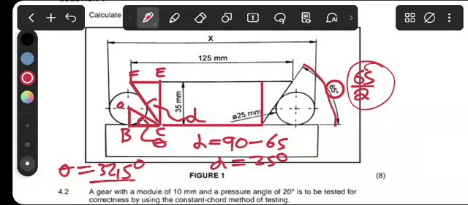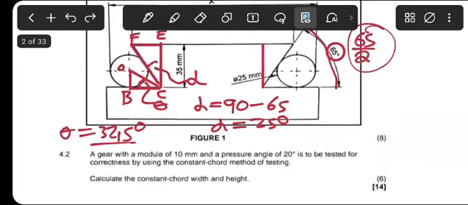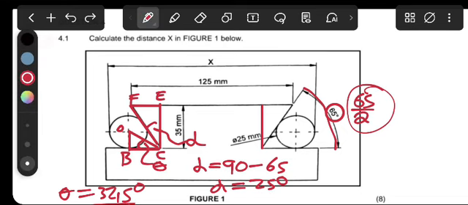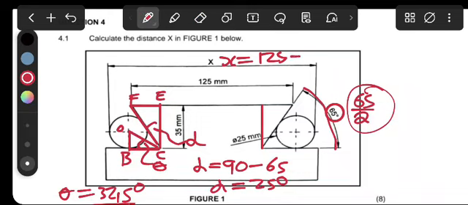Okay, how can we formulate a formula that will suit us to calculate the value of x? I can say x can be equal to the whole of this, which is 125, minus 2EF.